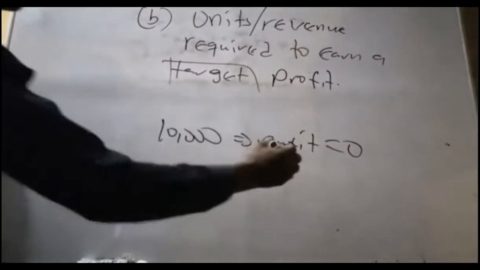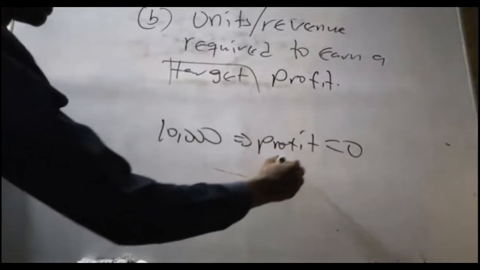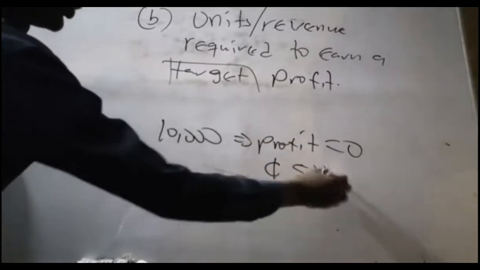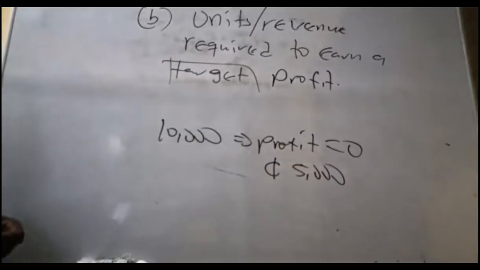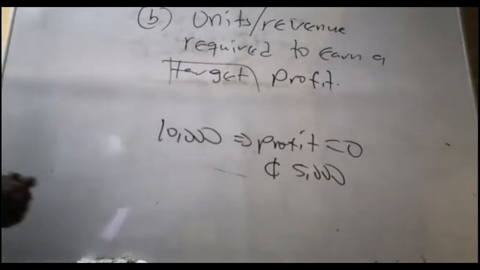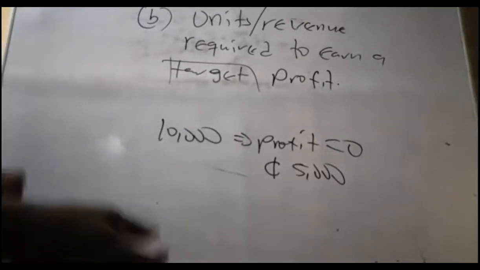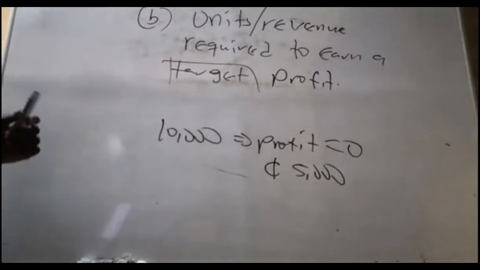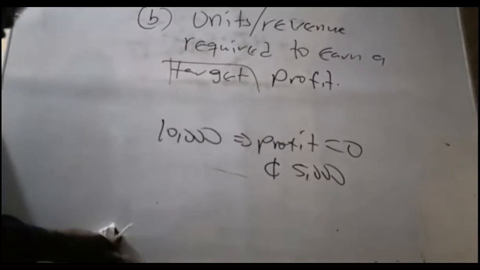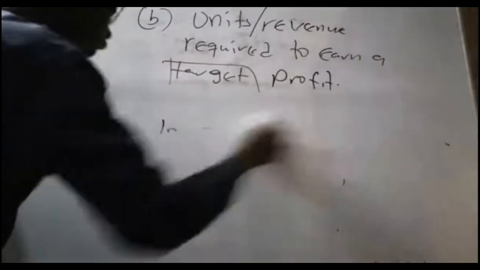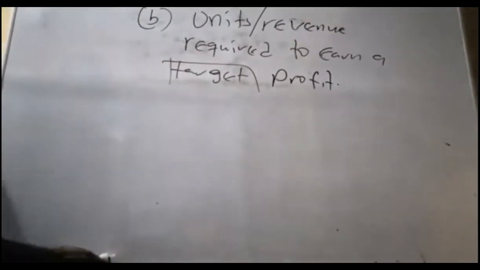Okay, now we want a profit of, let's say, 5,000. What should be the unit? Or what should be the sales revenue? Don't forget that we said this chapter is what-if analysis. What if we want a profit of 5,000? What will be the unit? That is all. So this is a pure analytical section.